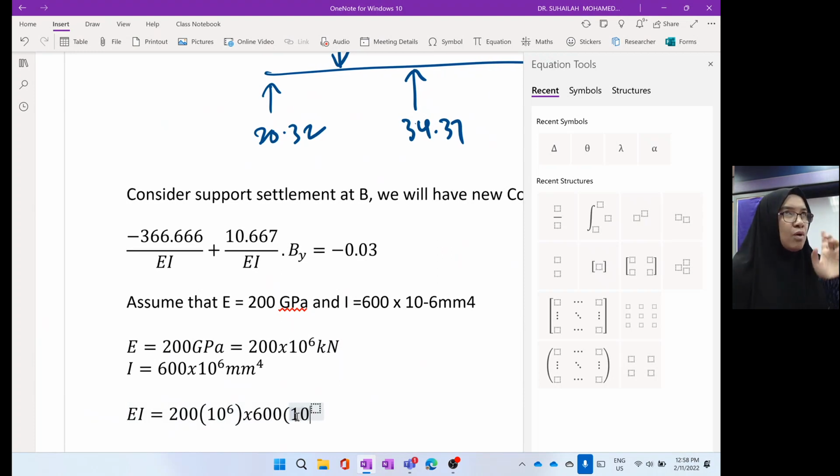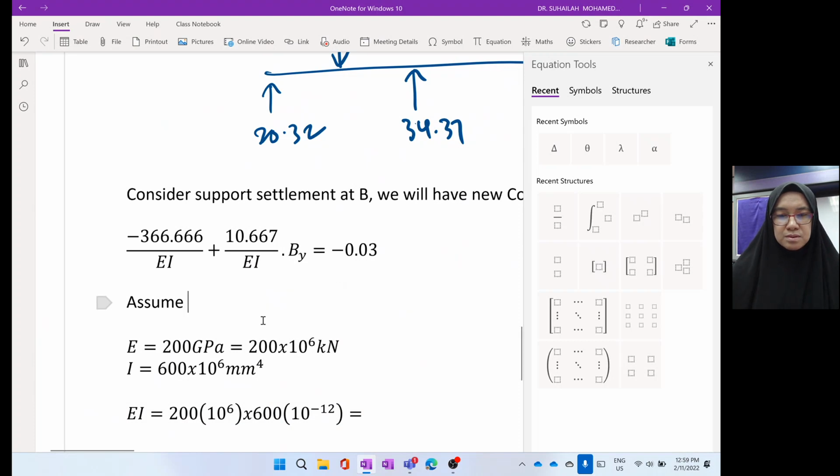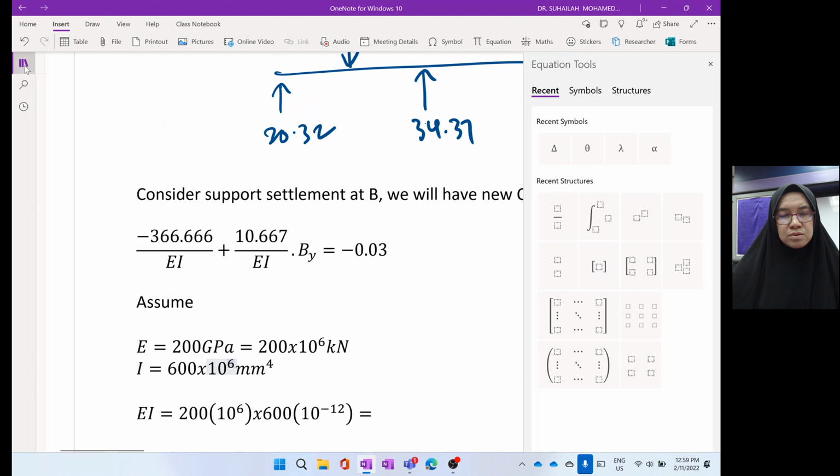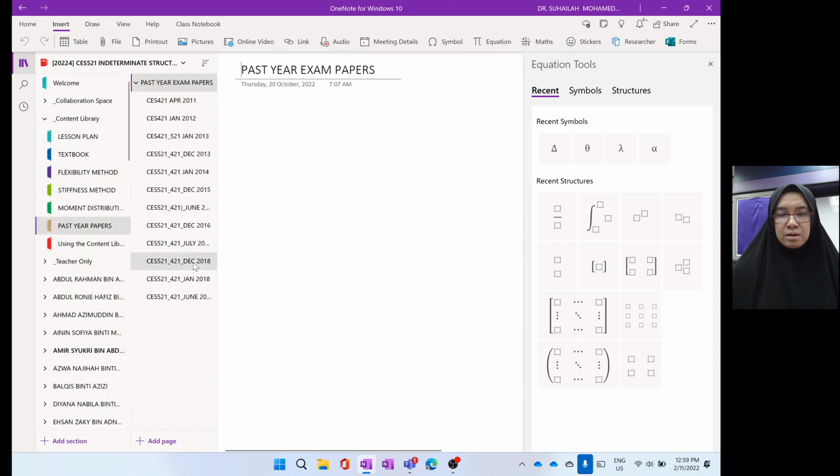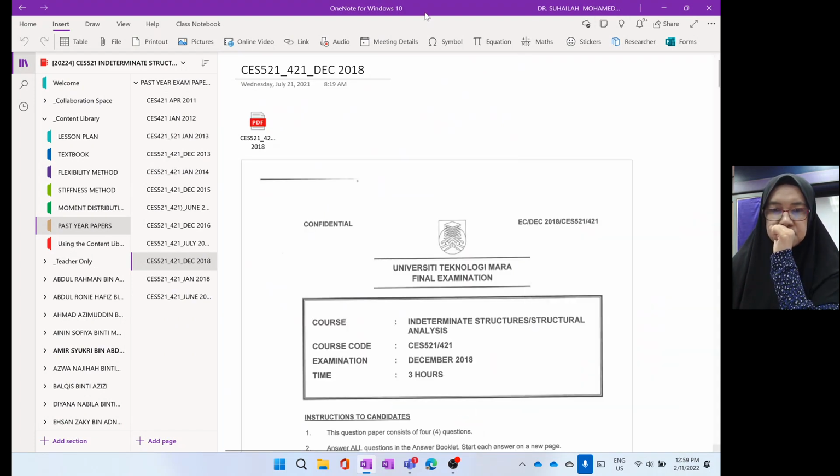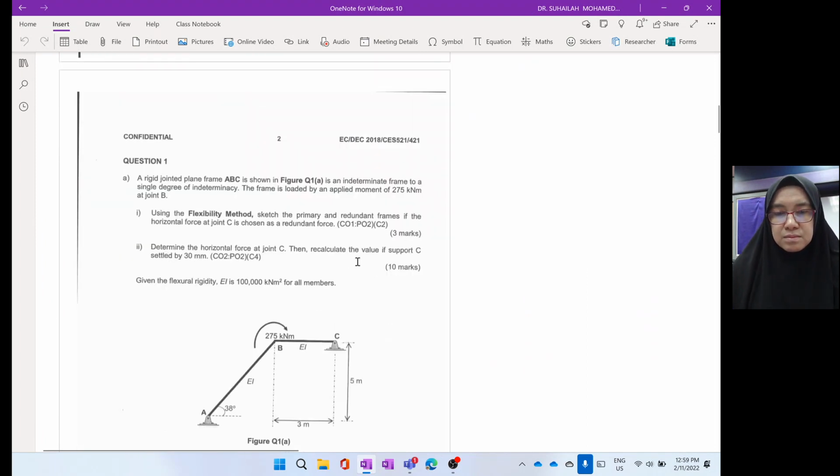Saya tengok past year's paper sekejap nak tengok mm tu.